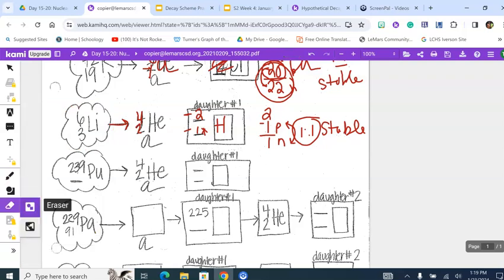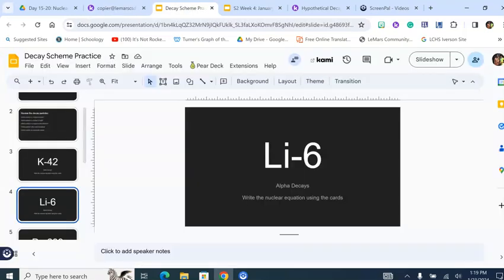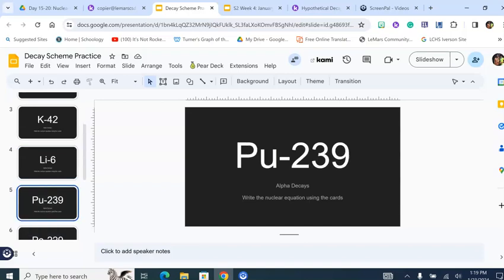Get out your next card. The next decay one is going to be Pu 239. And notice that it alpha decays.